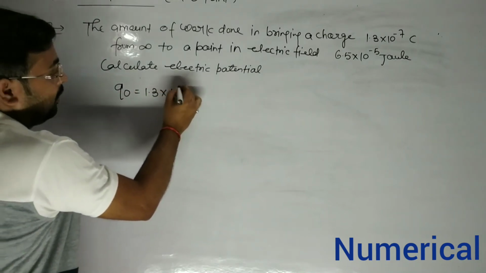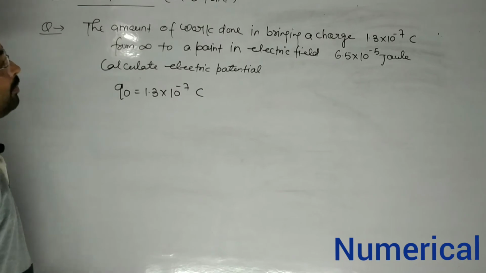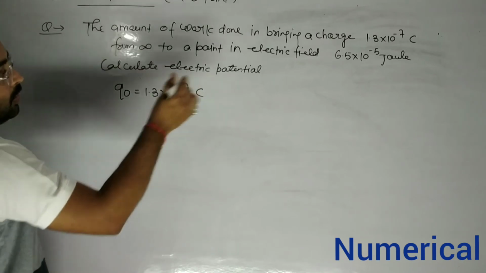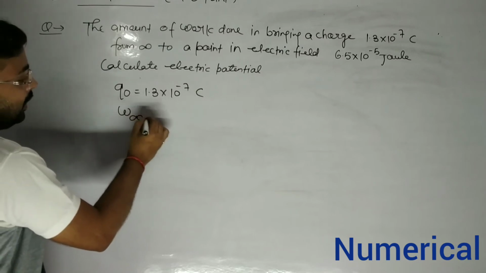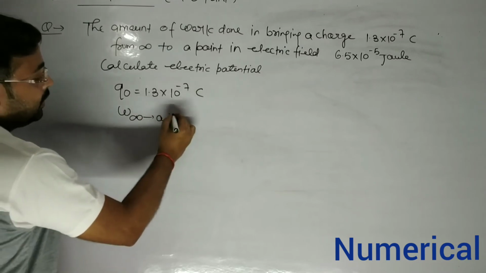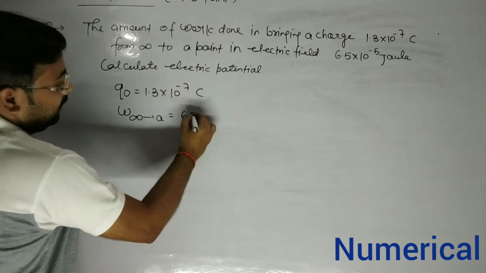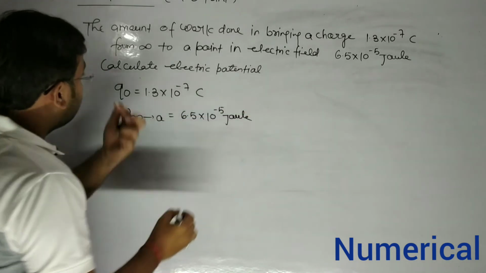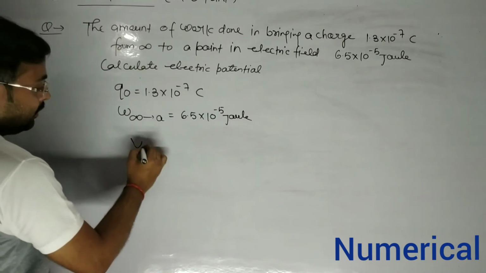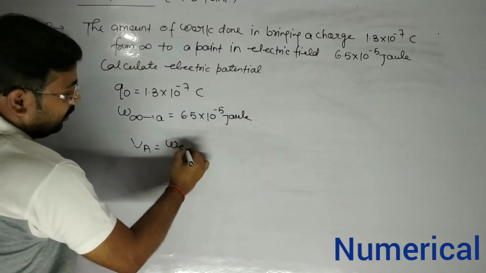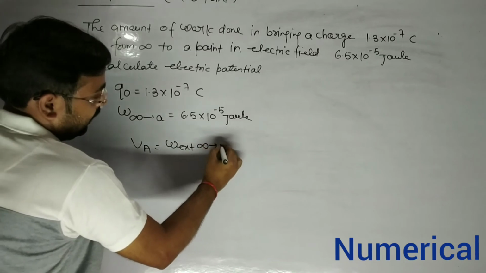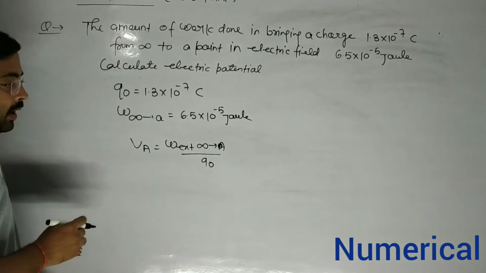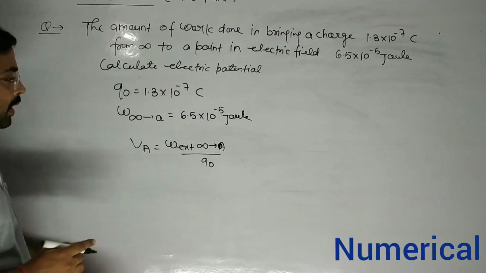The work W from infinity to a point equals 6.5 into 10 to the power minus 5. VA equals W external infinity to A upon Q naught, also written as V equals W upon Q naught.